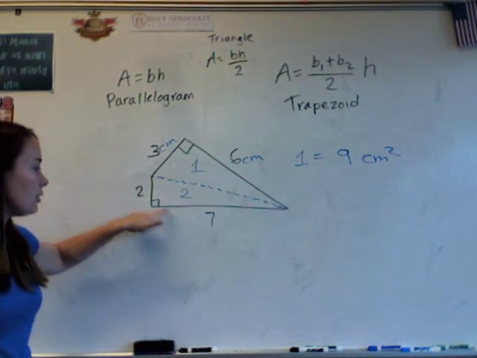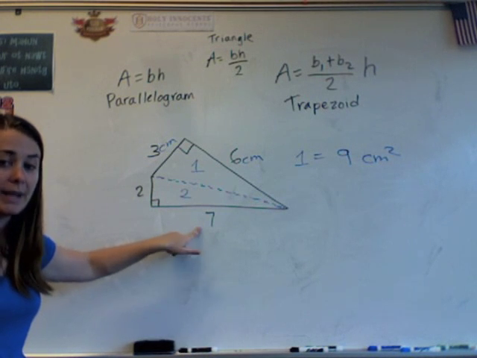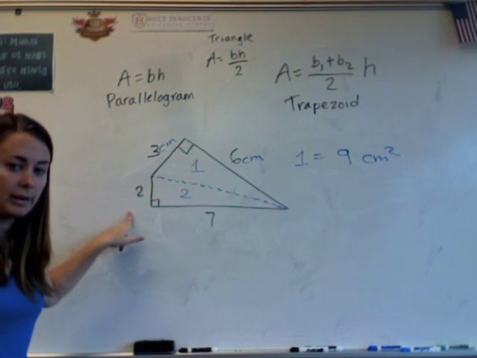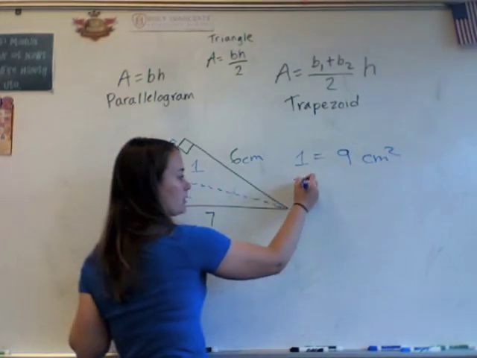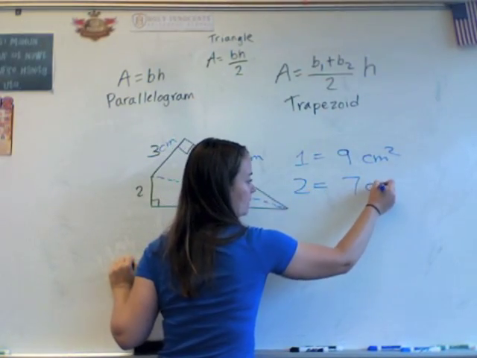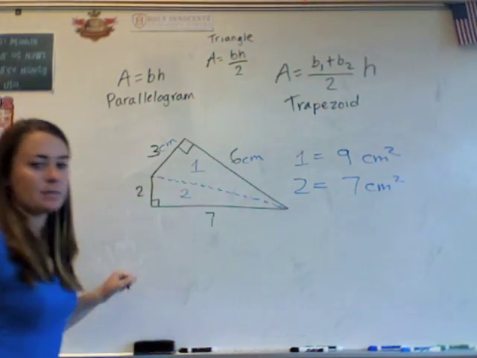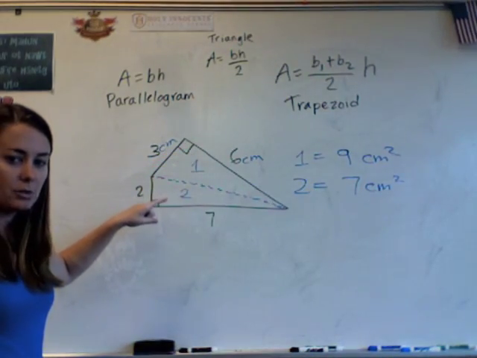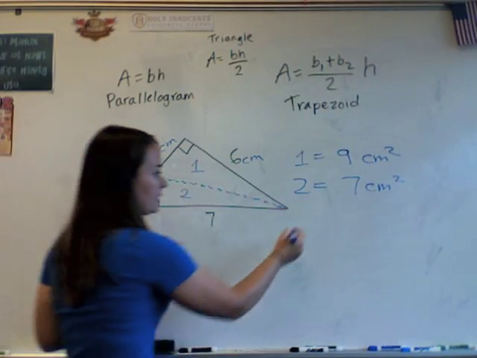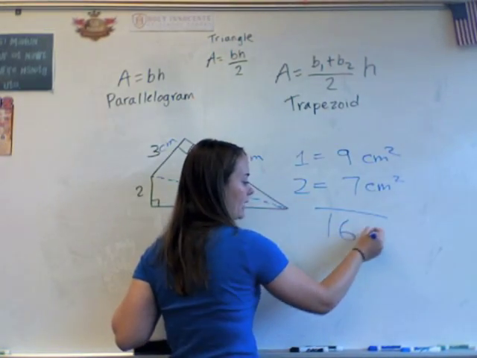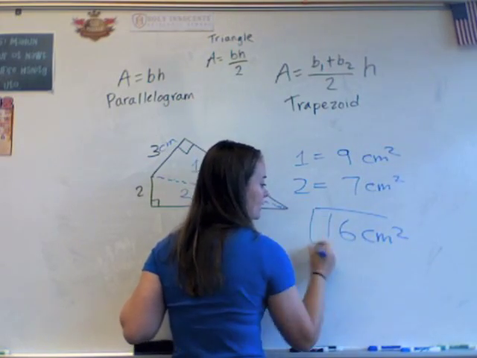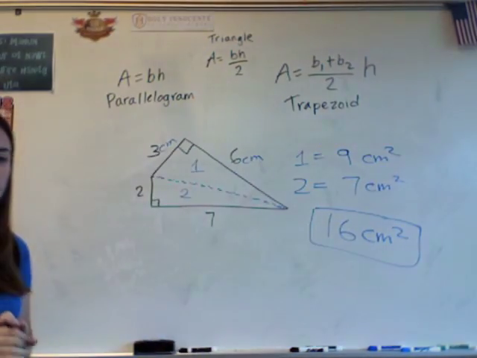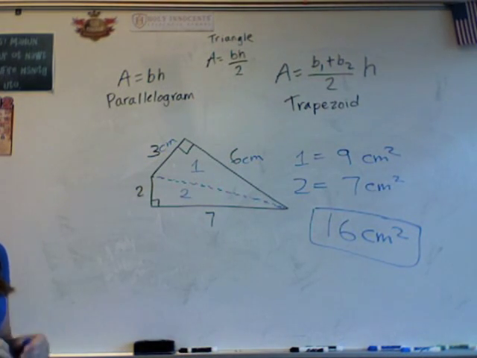While triangle 2, we have base is 7, height is 2. We get 14, but remember, divide by 2. We get 7 centimeters. So at this point, since we found two separate triangles, the whole area altogether would just be the sum of that. 16 centimeters squared is the area of our two figures combined.